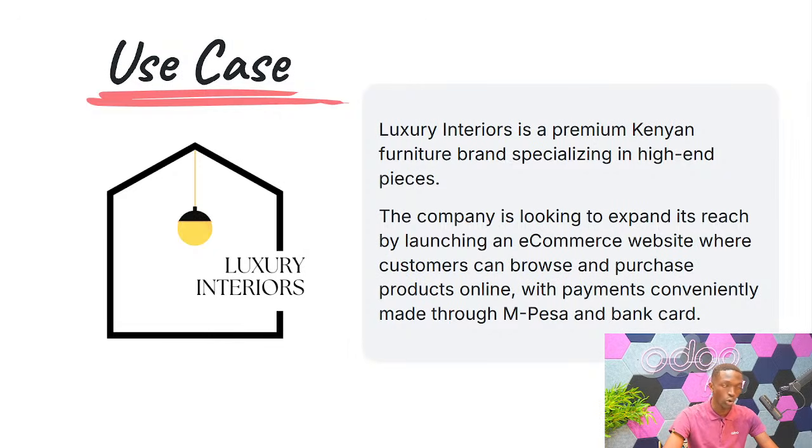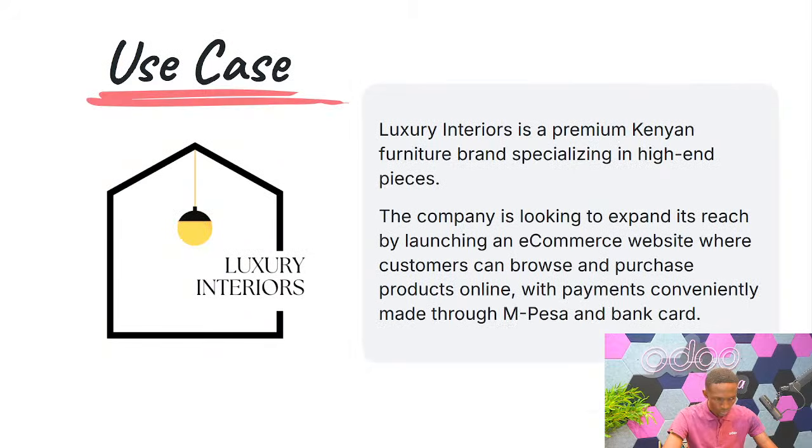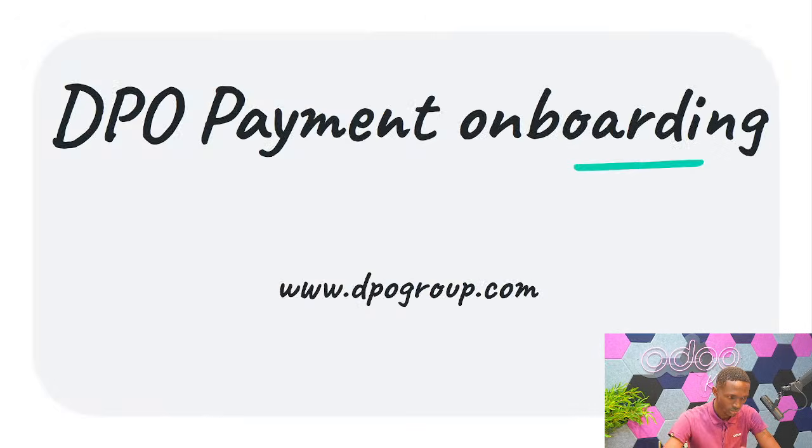That is where Odoo comes in collaboration with DPO Pay. So the very first thing that Luxury Interiors is supposed to do is sign up with DPO Pay by Network International. They're supposed to visit the DPO website and register.